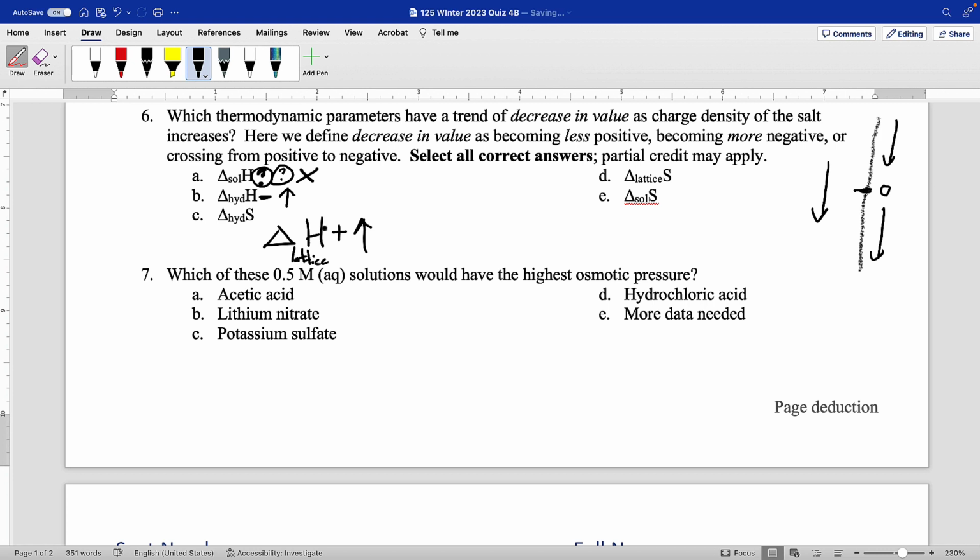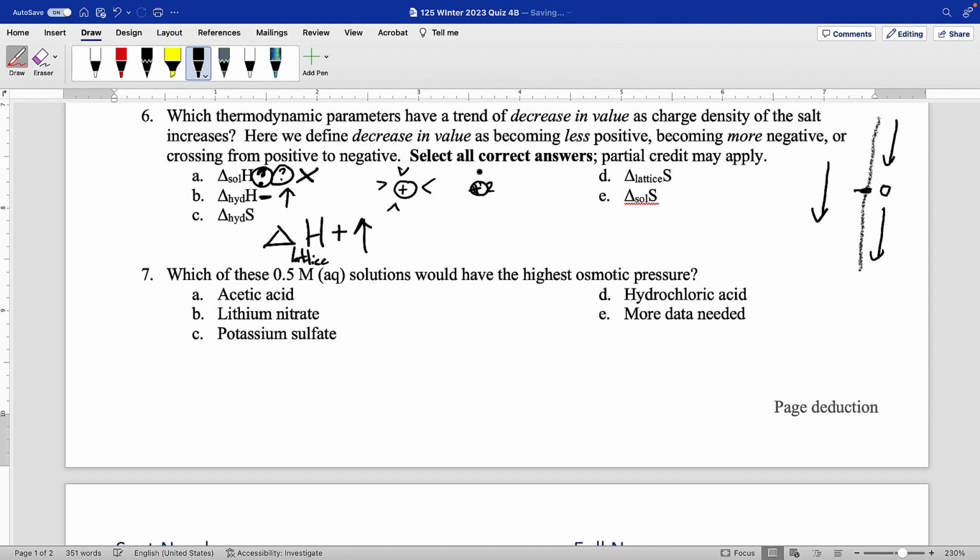So let's look at the individual pieces, though. We did say that the heat of hydration is going to get more and more negative as we increase charge density, right? So if we imagine this ion interacting with water, so I'm just going to draw water as little angles there, versus this ion, I'll call it a plus, I'll try to put a little +2 on here.